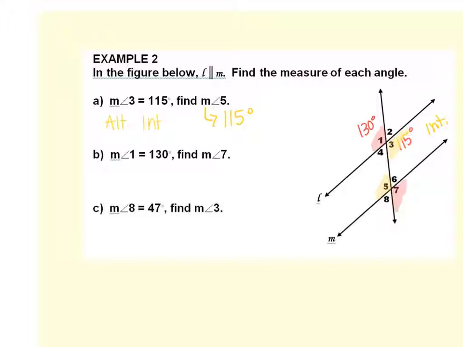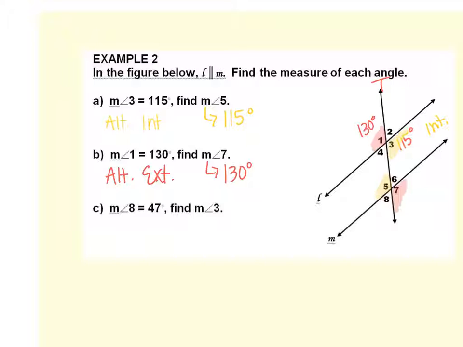So when I look at angles 1 and 7, they are on alternate sides of that transversal. They are both outside, because remember all of this is the interior and neither of them are inside of that. So alternate exterior we know is congruent. So if measure 1 is 130, then measure 7 is 130 because those angles are congruent.